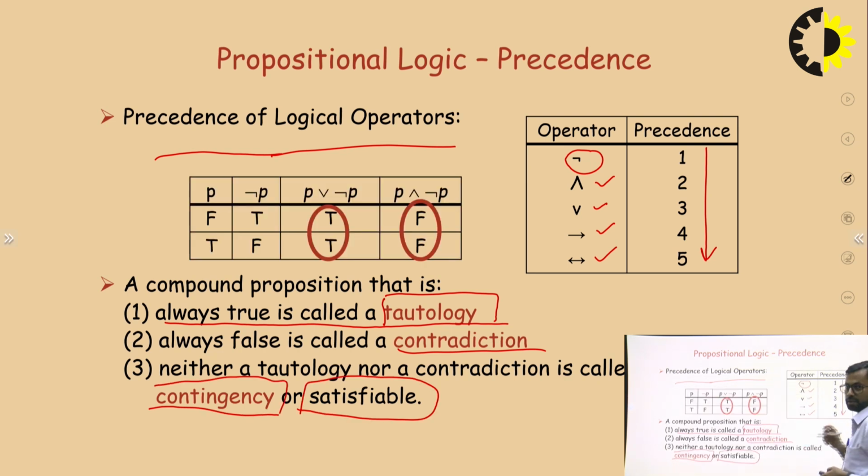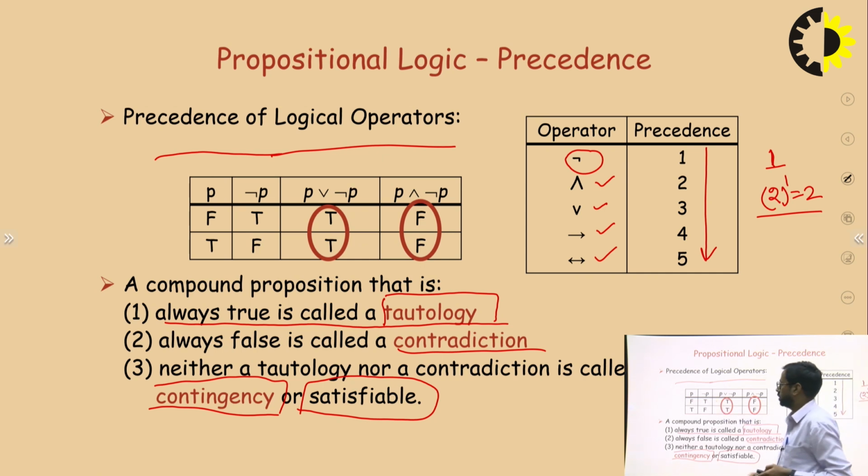If there is only one variable p, the total number of cases will be 2 to the power 1, equal to 2. If the variable is the predicate p, the values will be false and true. The negation of p: if the value is false, then the negation of p is true, and if the value is true, it shows false.